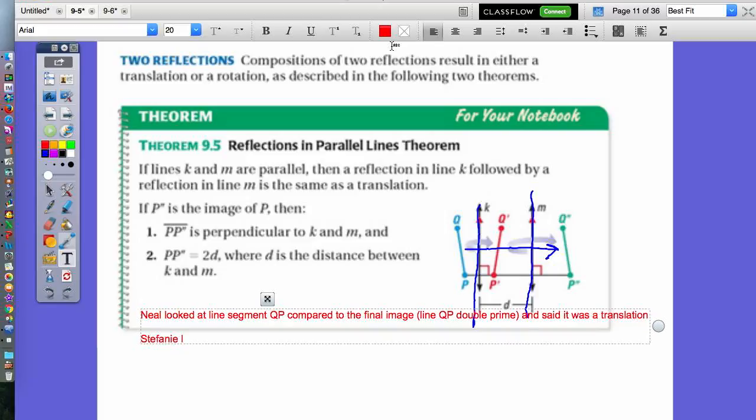Stephanie looked at the same problem and said it was a series of reflections over 2 parallel lines.